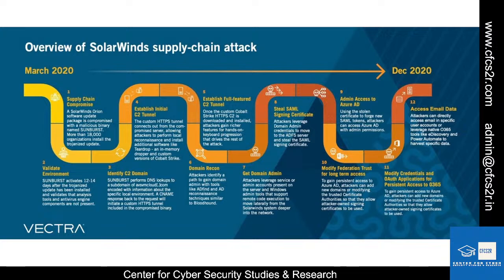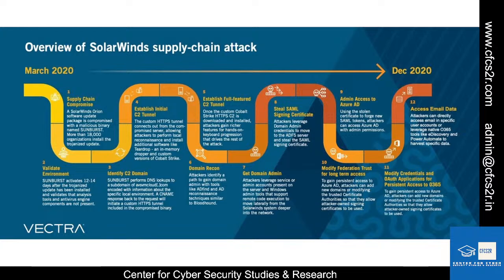It was compromised with a malicious binary named Sunburst, and more than 18,000 organizations installed the Trojanized update.